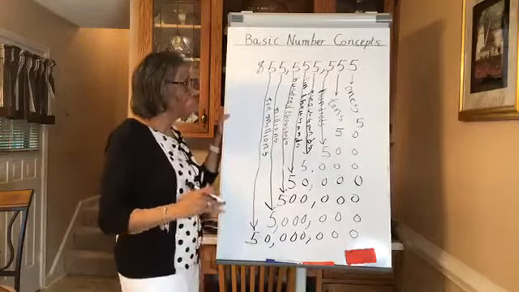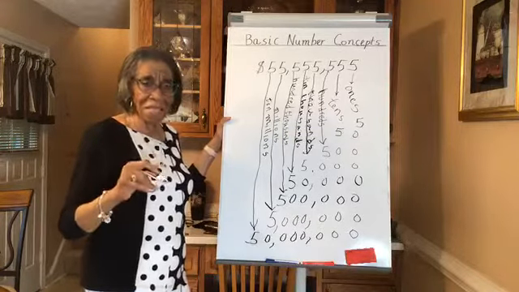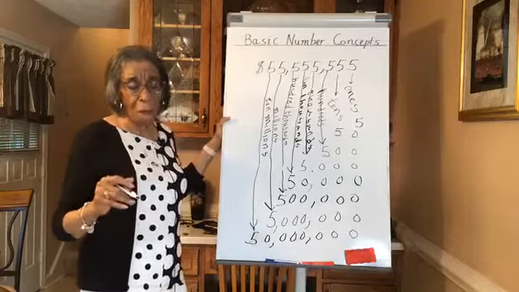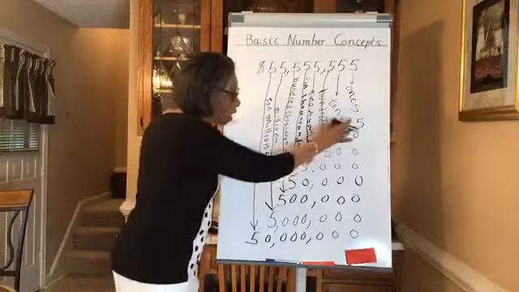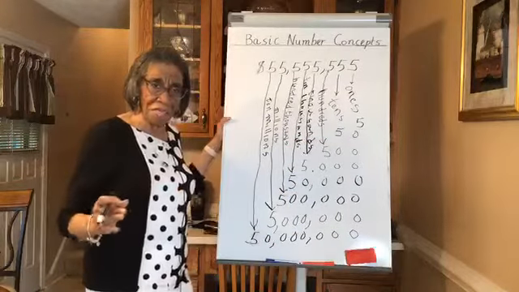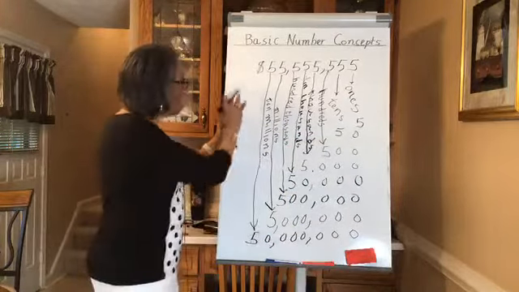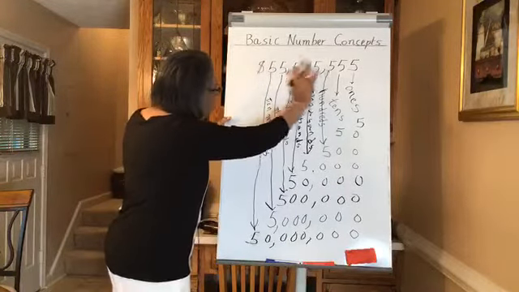Sometimes you'll be asked, in grade school especially, to write this number in expanded form. Expanded form means that you are writing just what I wrote here. You're writing the number, but you start writing from left to right.